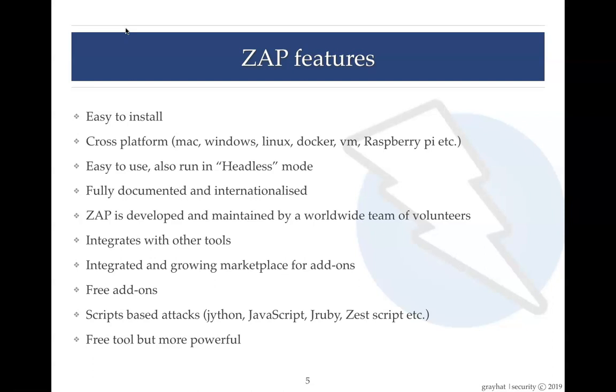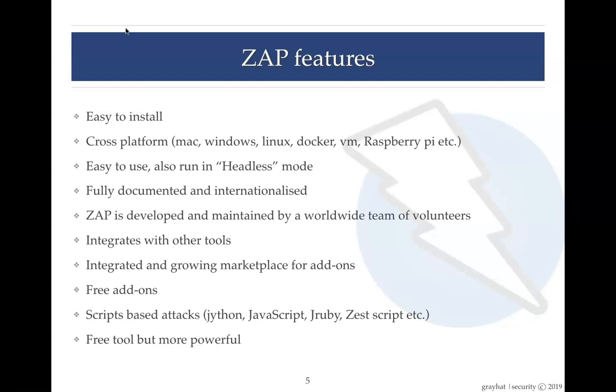There will be no graphical user interface or desktop interface, and once you intercept everything from the browser, after setting up the browser, it will get every request and perform its tasks to hunt for vulnerabilities, like passive scanning, active scanning, fuzzing, and everything else it is capable of. This tool is fully documented and internationalized, as we have already talked about. So it is a fully documented and mature project.